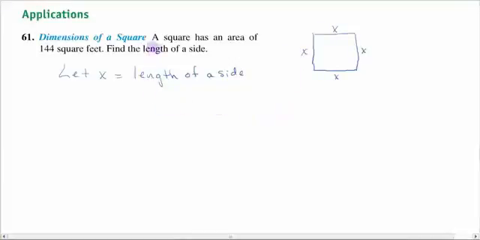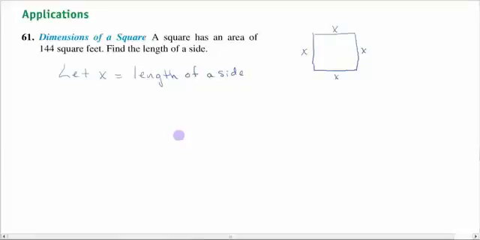Go back and read the problem again. A square has an area of 144 square feet. So here, let's see. If they're saying something about area, we should probably use an area formula. If you look on the back fly page of your book, you'll see that page is all the formulas for different geometrical shapes.